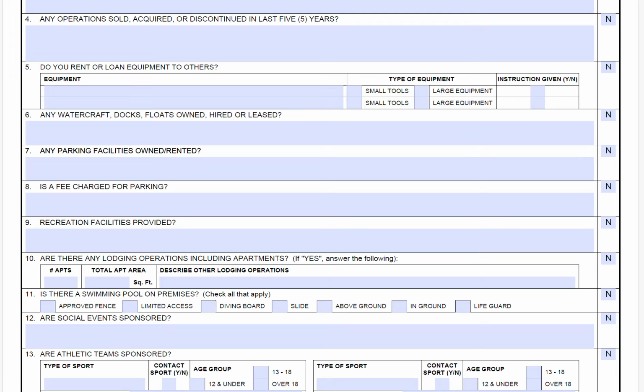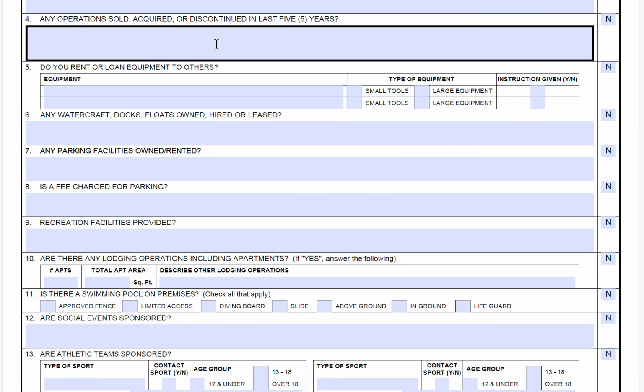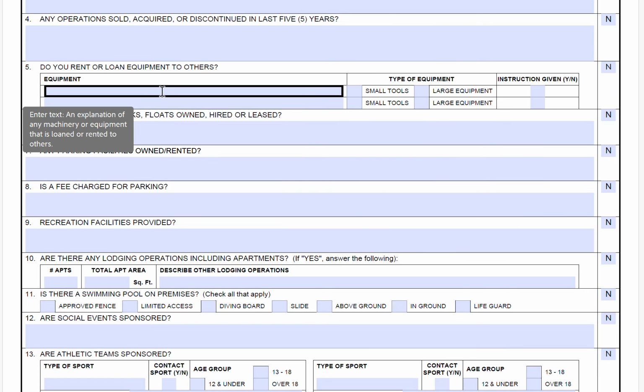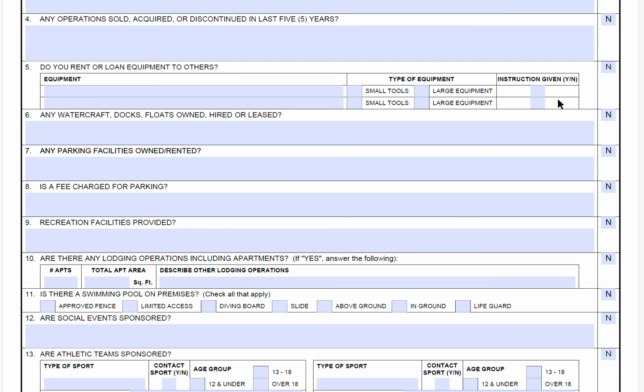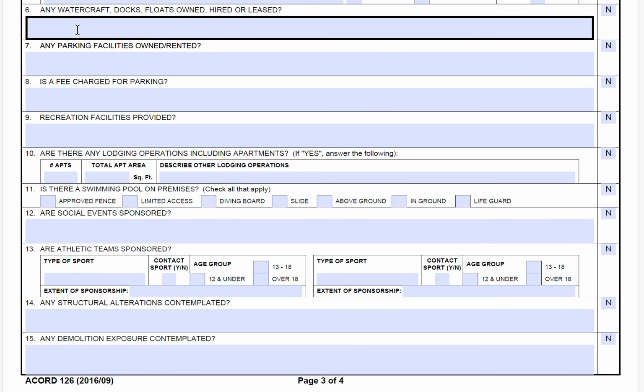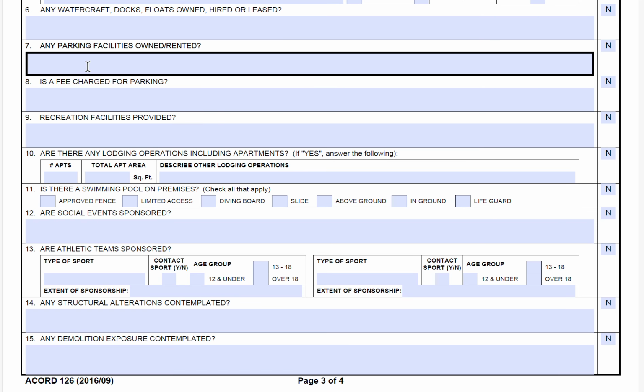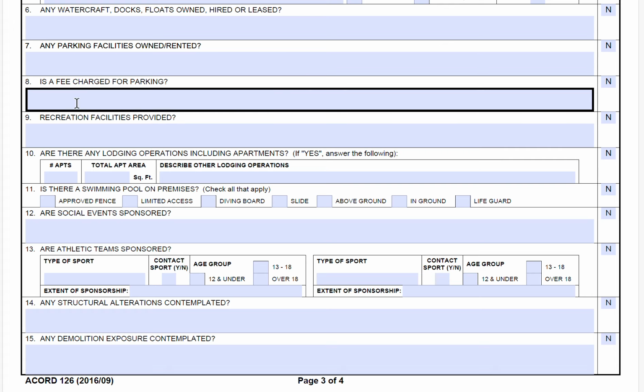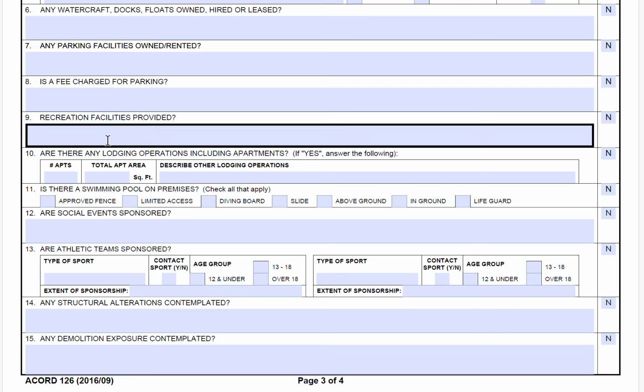If they've sold or acquired any discontinued in the last 5 years, you'll need to list it here. If they rent equipment to others, they're going to want to know that information about the equipment and whether or not instruction is given. If they have any watercraft or docks, you'll need to list that here. Parking facilities owned or rented, that's usually no. If they do, whether or not a fee is charged for that parking.